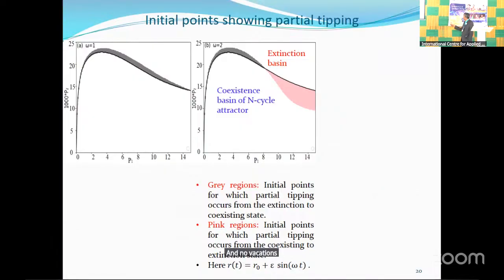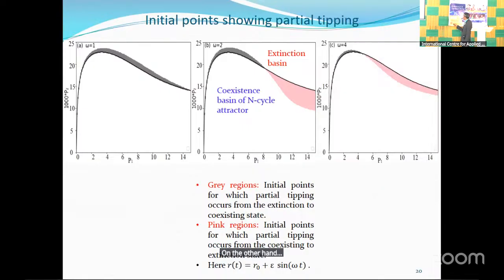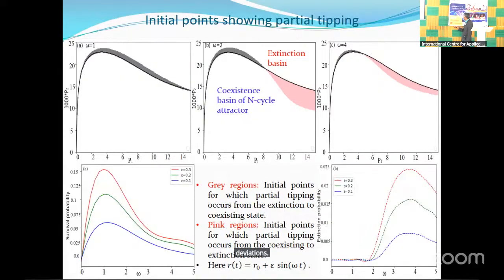Only these gray initial values cross the basin boundary and reach the coexistence attractor. On the other hand, if we increase the frequency to omega equal to 4, then this pink region and gray region diminish.